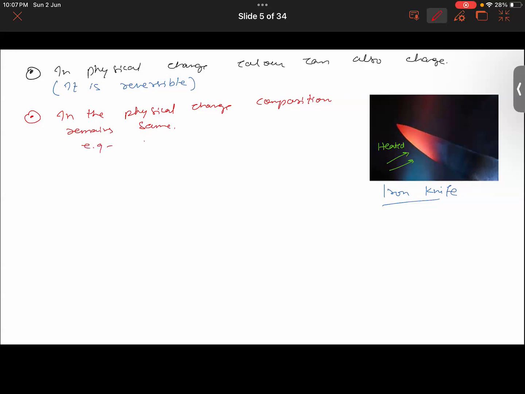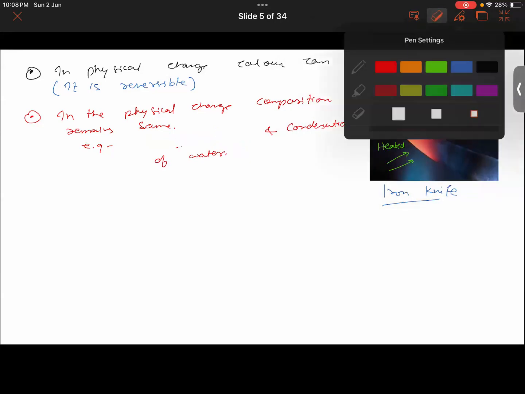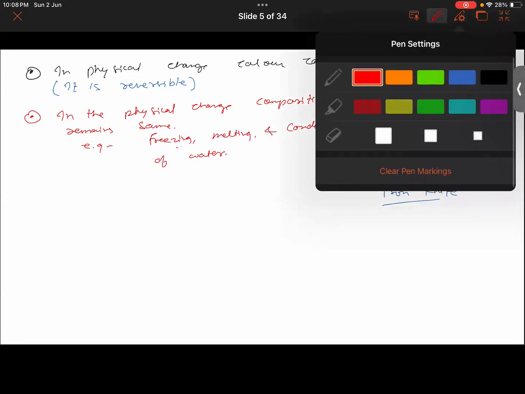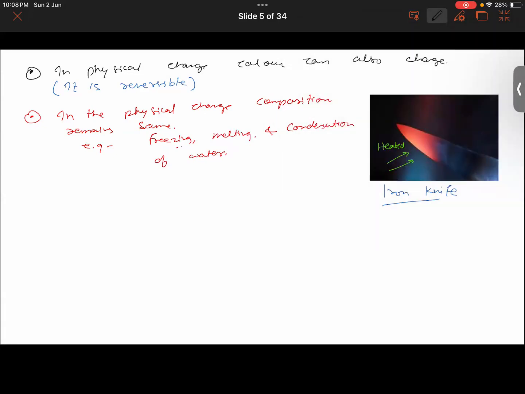We have the example of freezing, melting, and condensation of water. It's better to arrange it in this manner: freezing, melting, and then condensation. So in all these cases, the chemical composition remains the same. That is, it remained water.